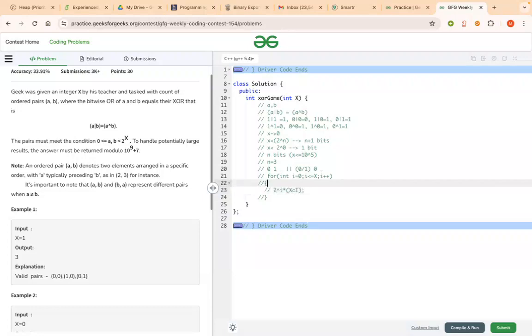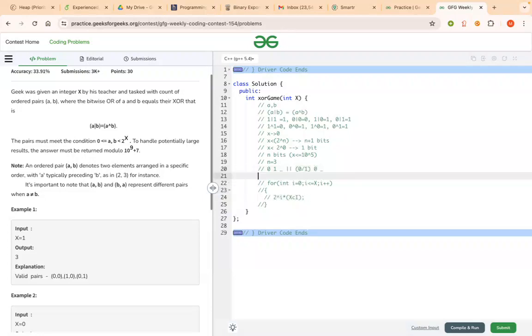And the answer will be the sum of all those. If you initialize your answer as 0, the answer will be the sum of all this.